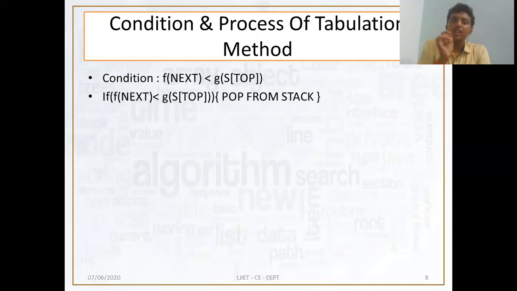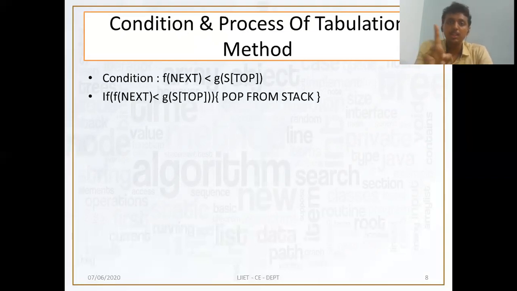What was the condition for our without parenthesis expression? It was if f of next is less than or equal to f of s of top, then pop the variable, else push. But here it is not less than or equal to, it is less than g of s of top. Why g? G shows the precedence inside the stack and f shows the precedence outside the stack.